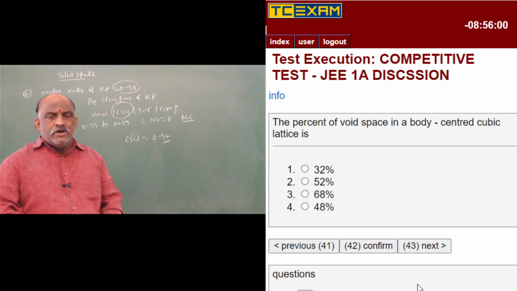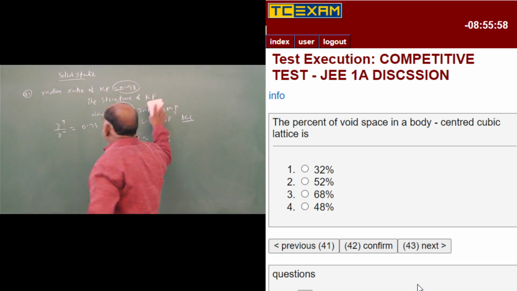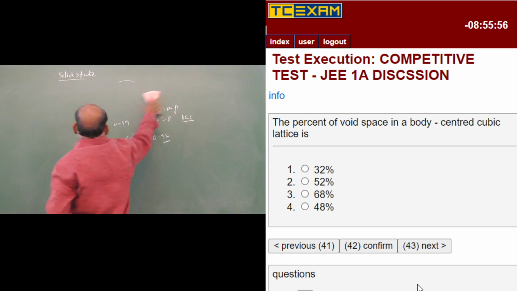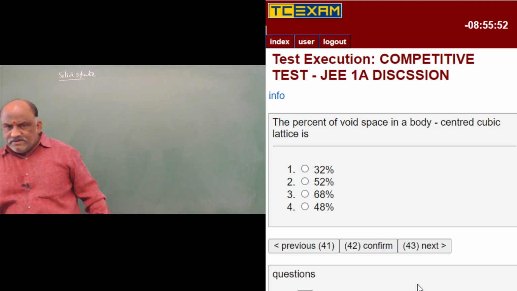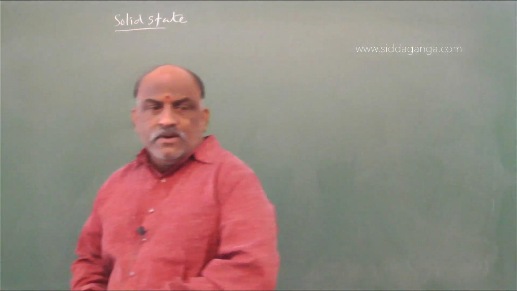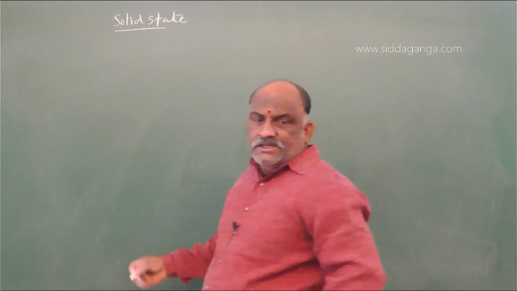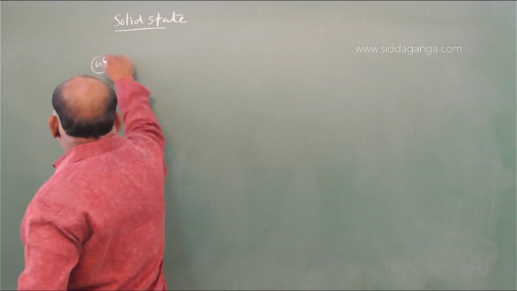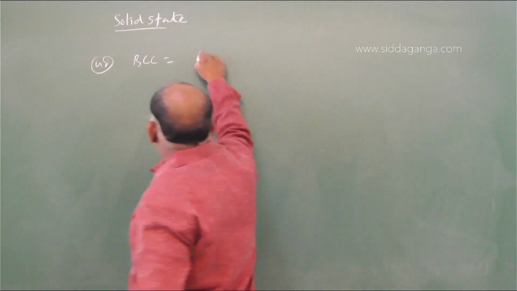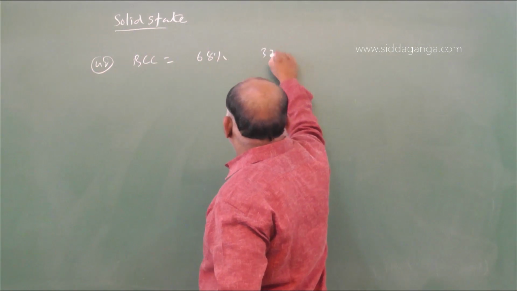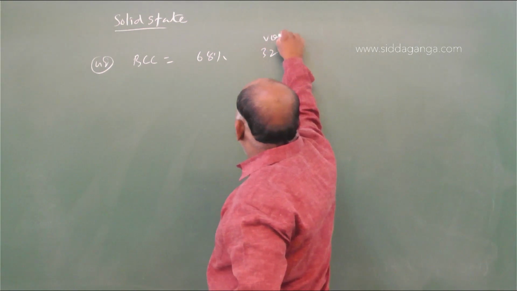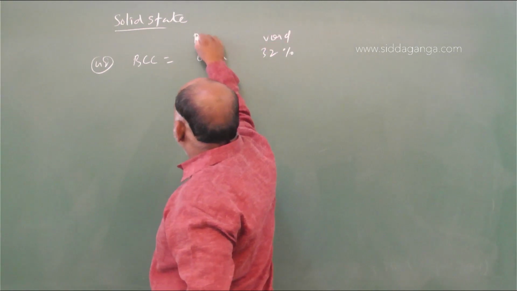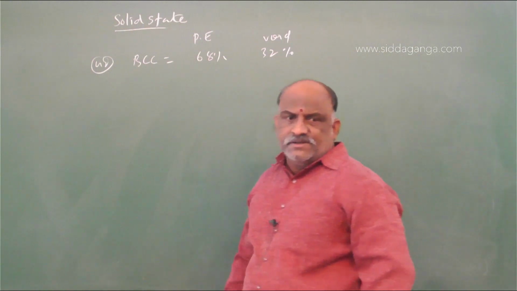42, the percent of void space in body centered cubic lattices. From 42 onwards, remaining questions are simple questions. Don't get confused. The percent of void space in body centered cubic unit cell, BCC. So in BCC, 68% is packing efficiency and 32% is void.